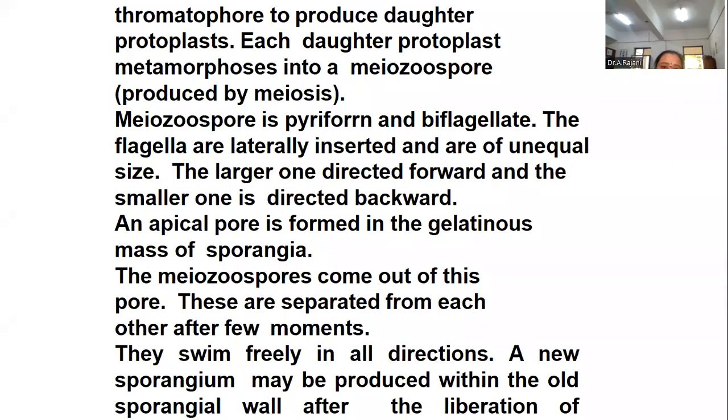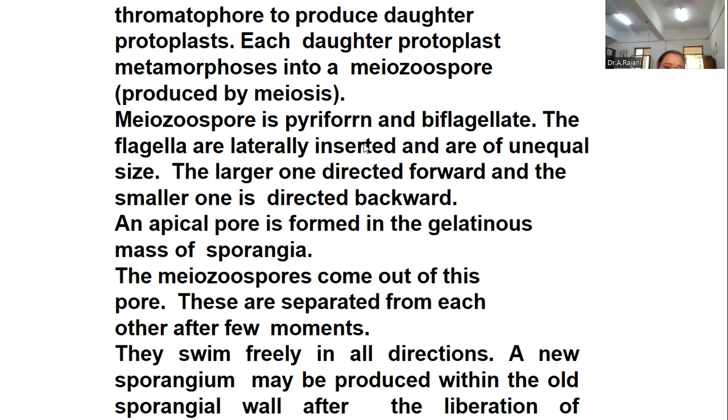Second, coming to the plurilocular sporangia. Here, the daughter protoplasts, each protoplast develops into a zoospore. These zoospores are pyriform and biflagellate.